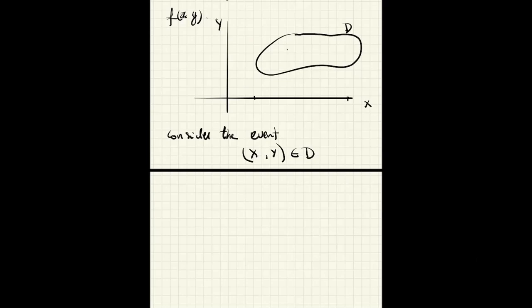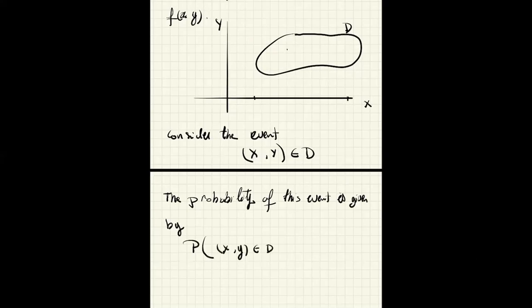The probability of this event is given by: the probability of (x, y) being inside D is just the integral over D of f(x, y) dA.